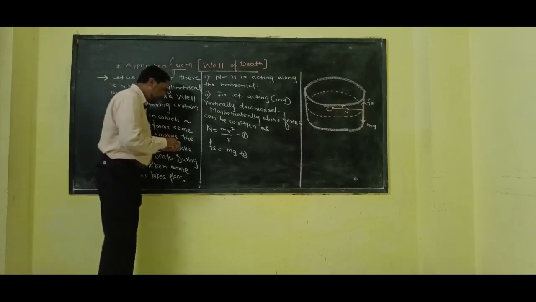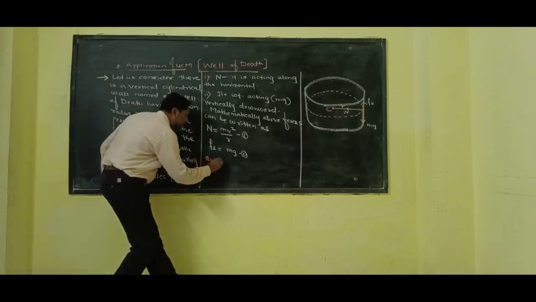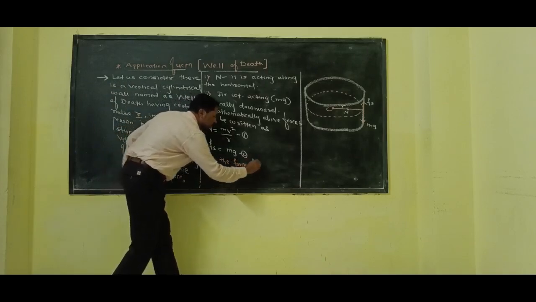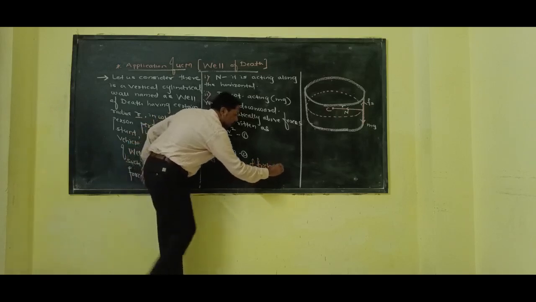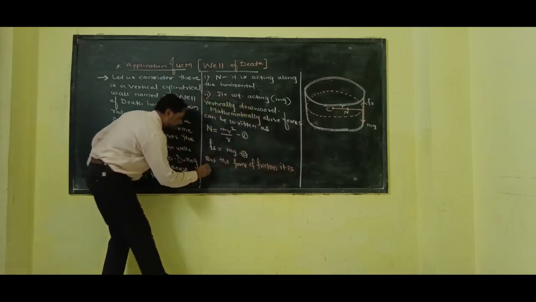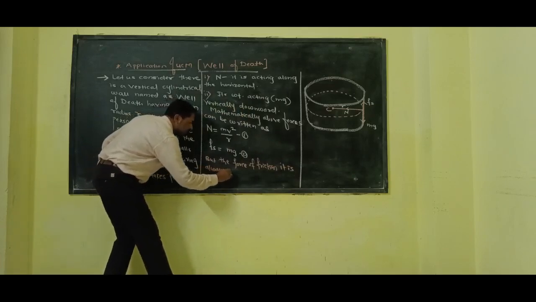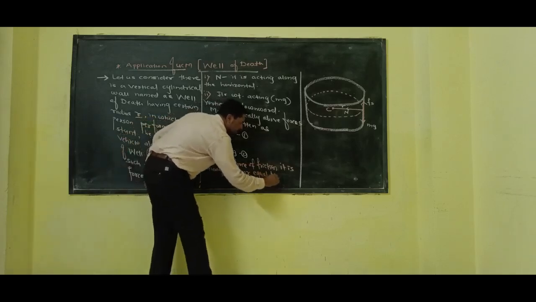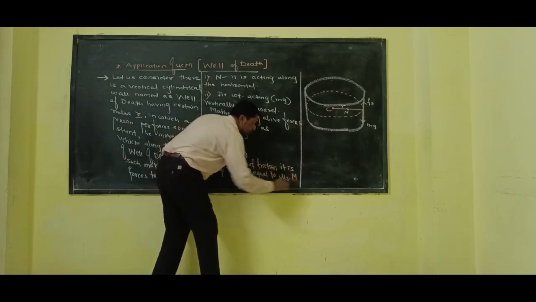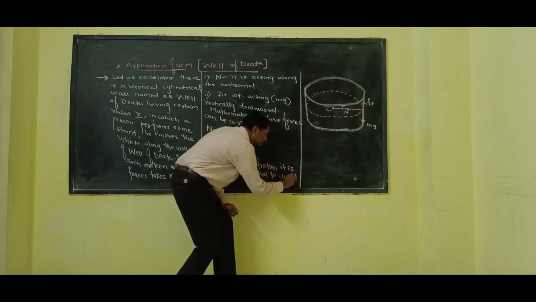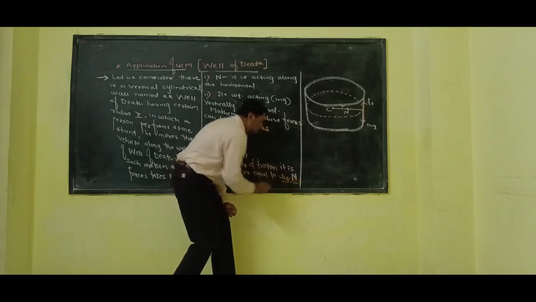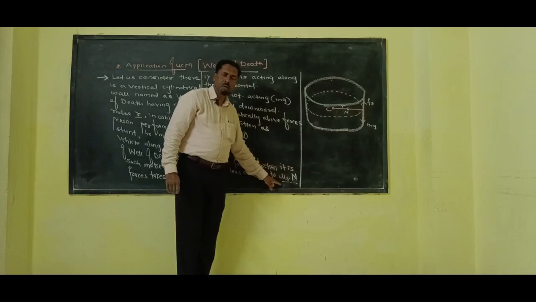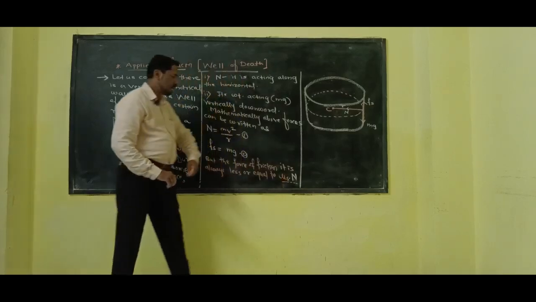But we know that the force of friction is always less than or equal to mu s into N. The force of friction is always less than or equal to mu s into N, where mu s is the coefficient of static friction and N is the normal reaction.